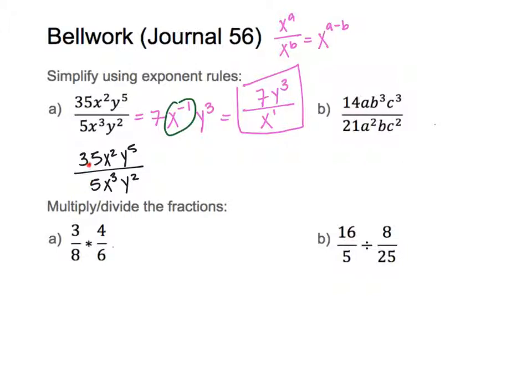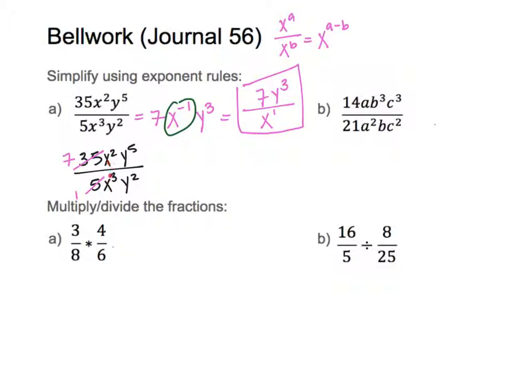So take a moment to think about what can divide into 35 and 5. Well, 5 can divide into 35 7 times. So I can replace that with a 7. And 5 can divide into 5 1 time. So you can see here, now I'm just left, instead of a 35, I have a 7. And instead of 5, I just have a 1. What this is doing is allowing us to cancel out factors so that we can reduce this fraction.